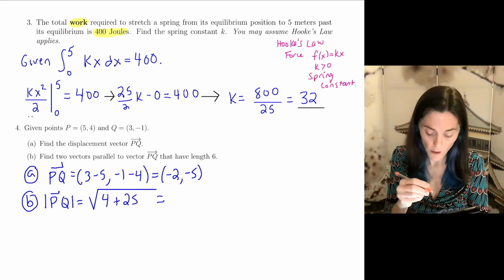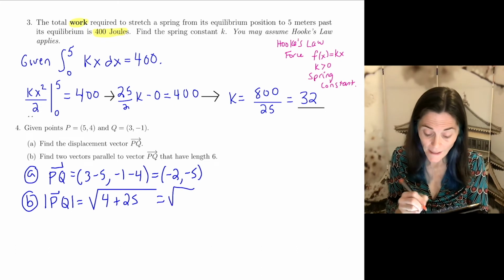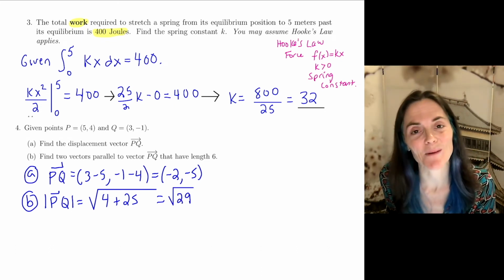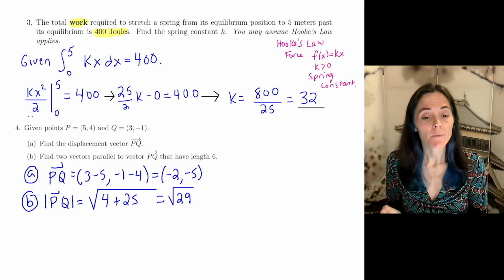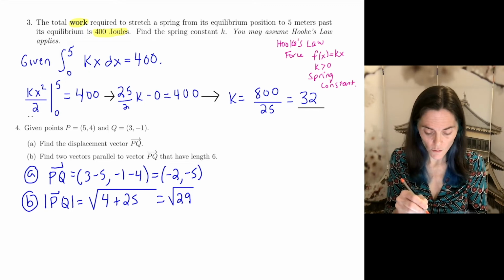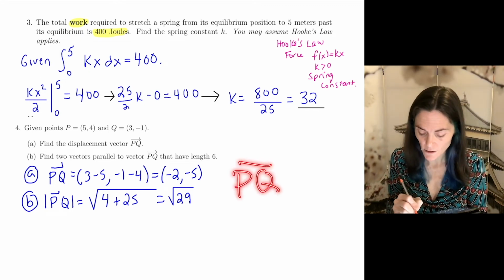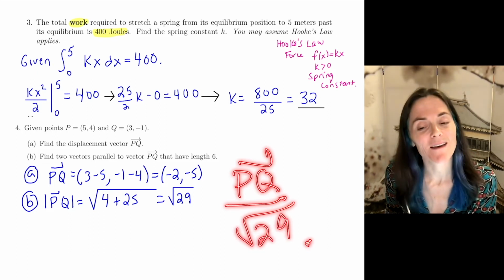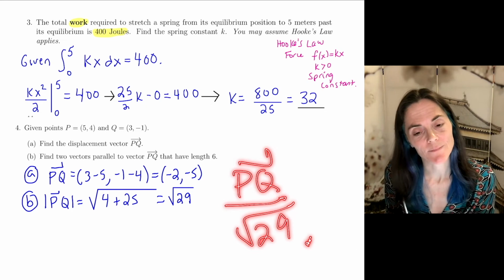This is the square root of 29. And we leave it like this. Don't put this in your calculator and get a decimal approximation. What this means is if you take PQ, this vector, and you divide by this, this will be a vector that is unit.